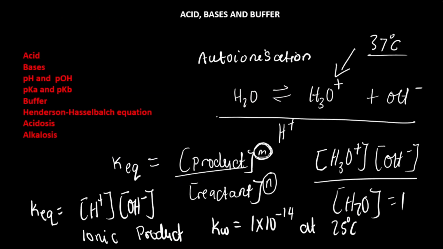Now, going by our outline, the next thing we have to study is the pKa and the pKb. Now, what pH does is that it gives us an idea of the hydrogen ion concentration, but it doesn't exactly tell us whether the acid is a strong acid or a weak acid.